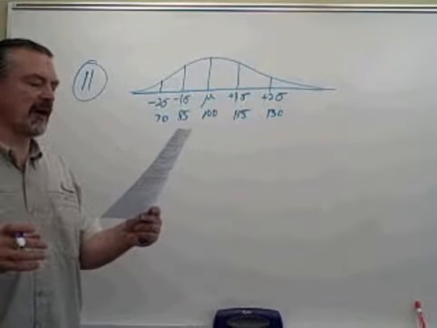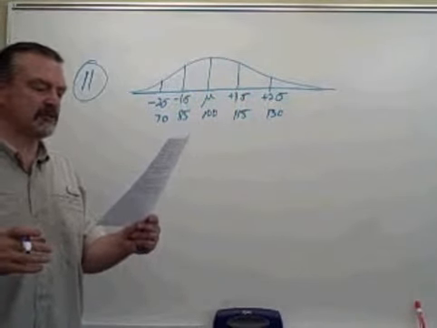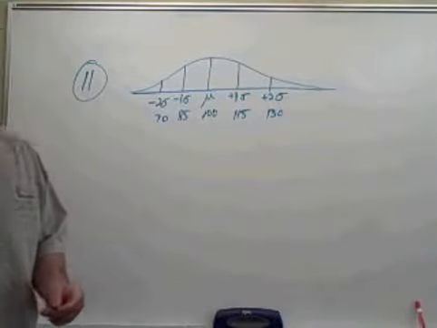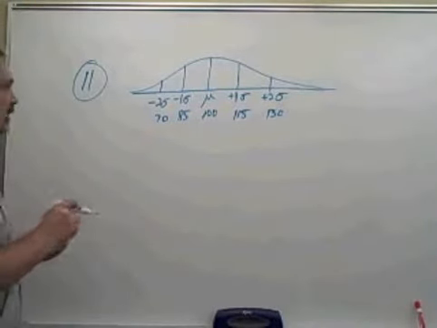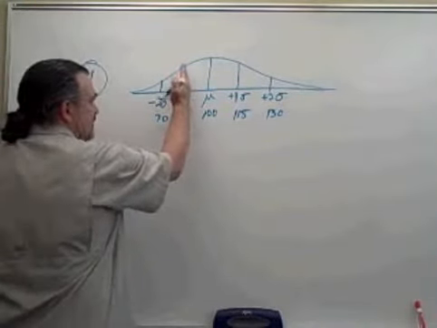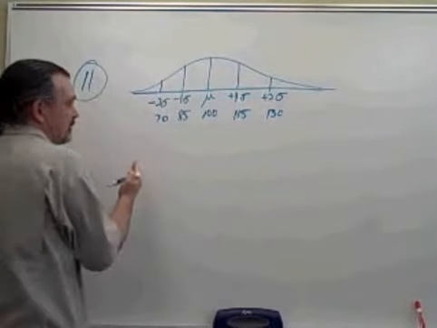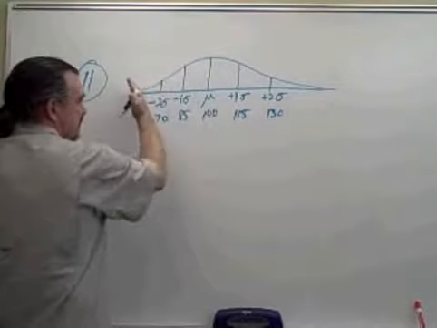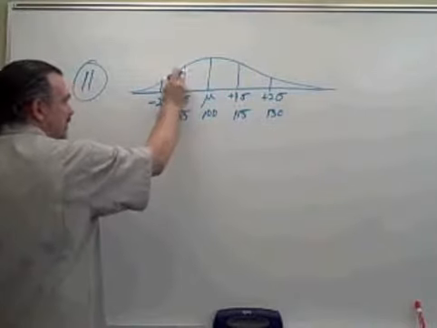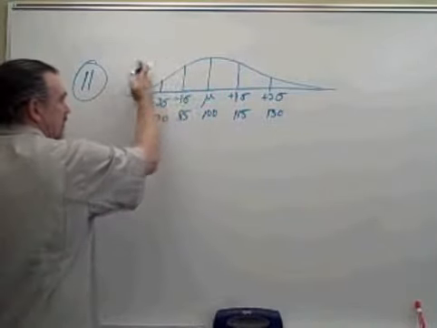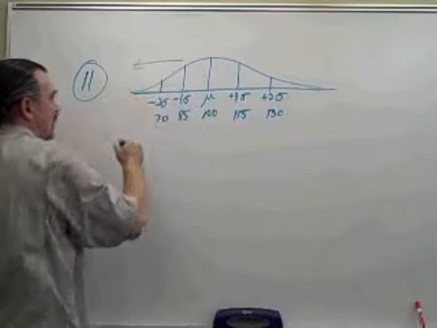Estimate the percentage of the population that have IQs below 85. So we want to estimate what is this percentage of the population that's represented on the curve by this region down here, from here on over.